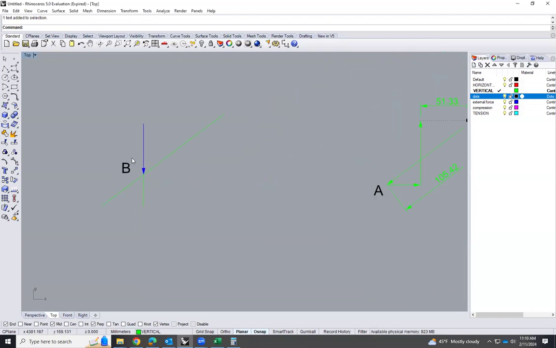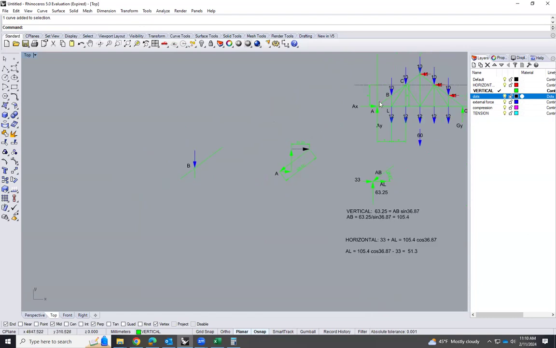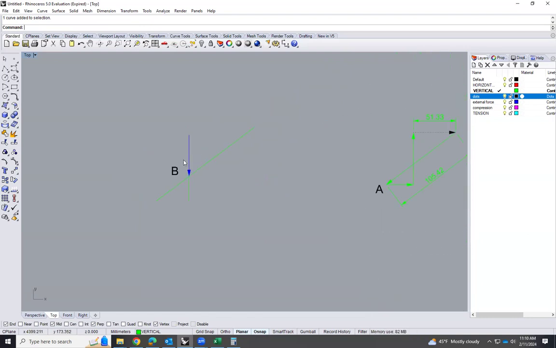At point B, I have a vertical force going down, and this is 10. So now I need a force here, and it has to be 10. That's the force, it's only 10, so it's small.